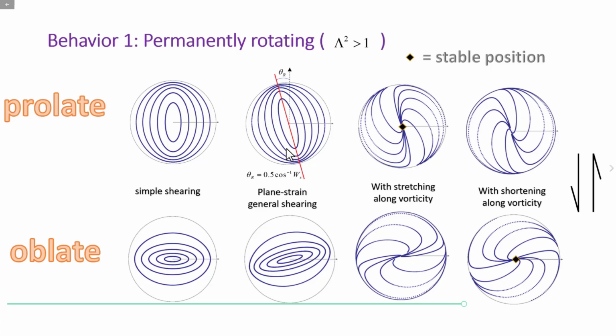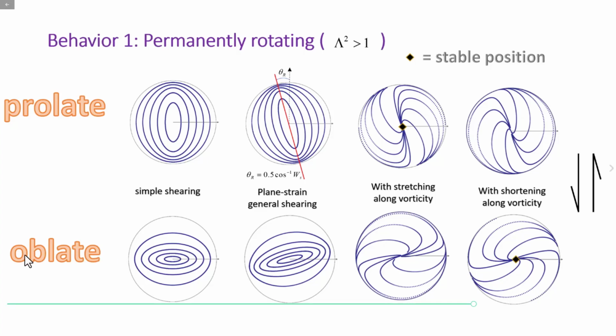If there is a stretching along the vorticity, the object can rotate and eventually reach parallelism with the vorticity axis. So the long axis of the prolate object is parallel to the vorticity. Once reaching there, it doesn't change orientation anymore. However, it still spins around the vorticity axis, so it's a stable position, but not a fixed position.